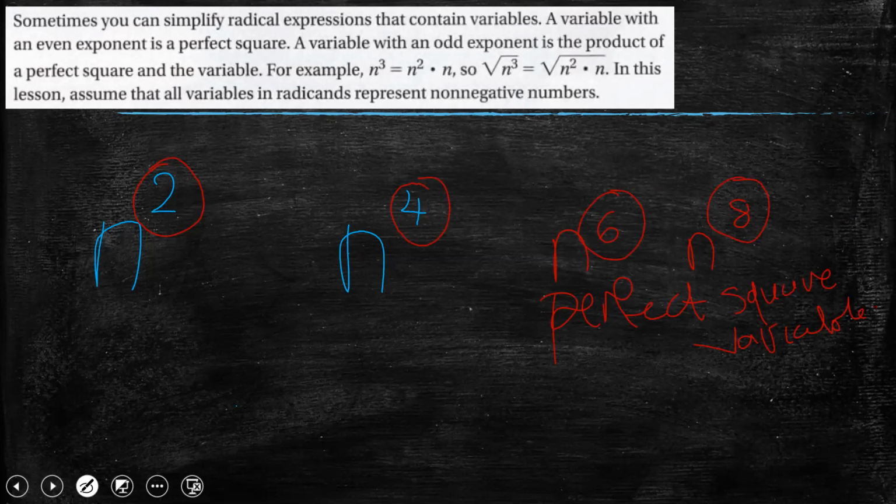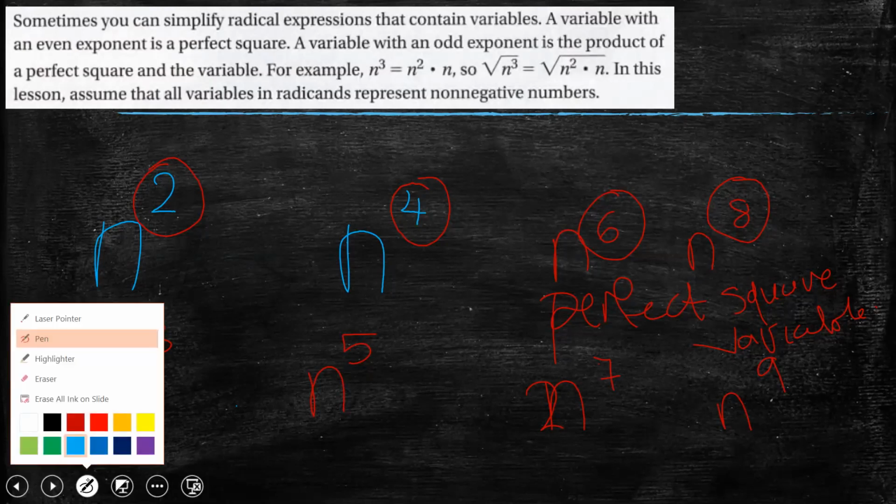Okay, but if there's a variable that is raised to an odd exponent, like this, a variable that is raised to an odd exponent is a product of a perfect square variable times another variable.